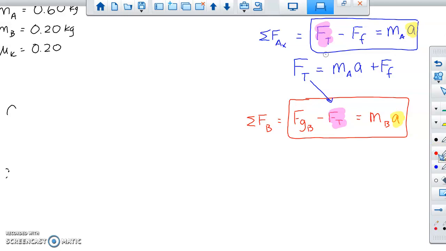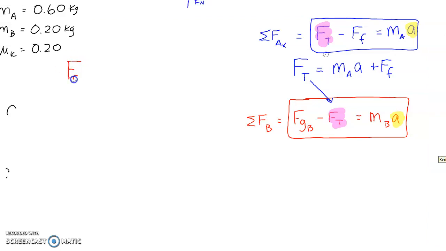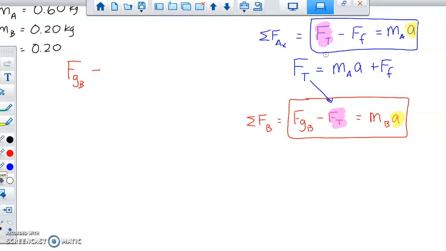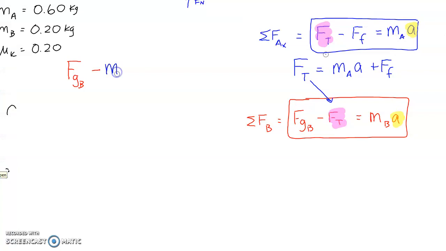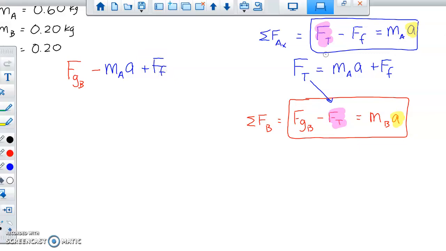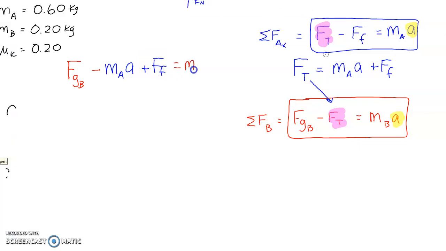I'm actually going to do it over here. So I have Fgb minus, and now I have the tension, which is going to be the mass of the A block times the acceleration plus the force of friction on that A block, and then that's all going to equal the mass of the B block times the acceleration. So now I need to solve for acceleration.